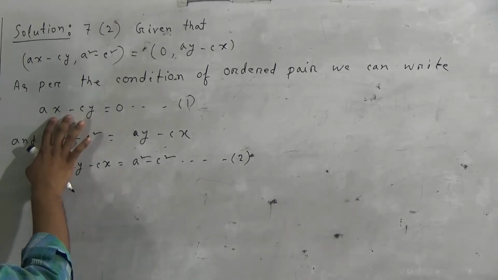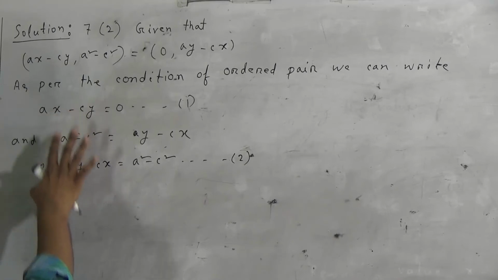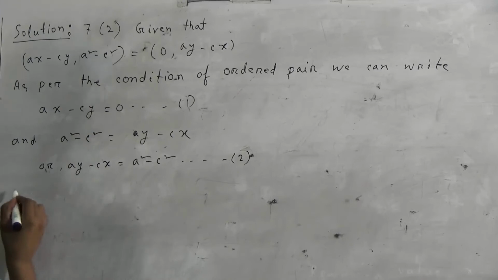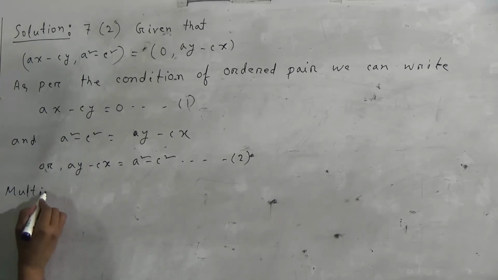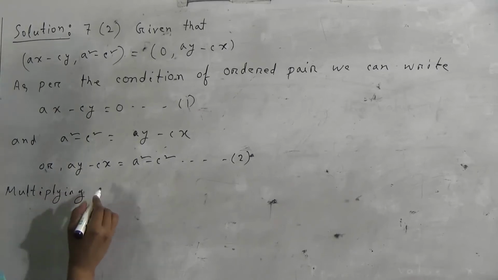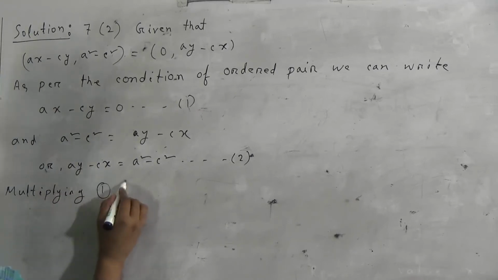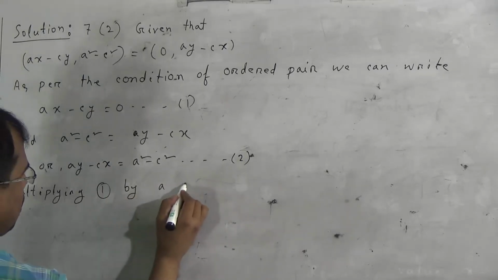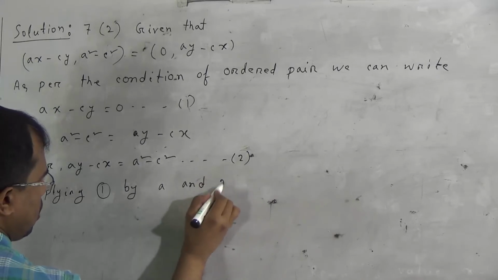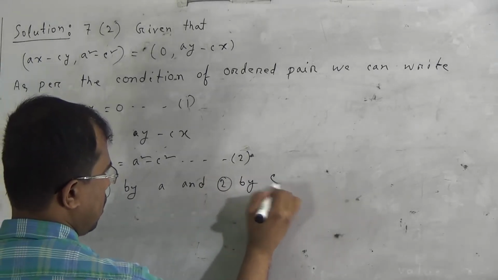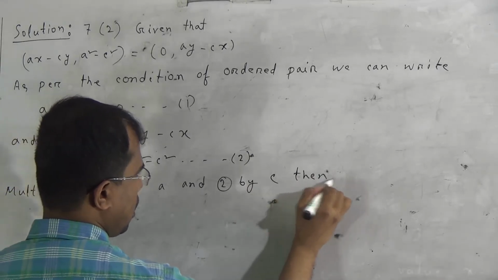Now multiplying equation 1 by a and equation 2 by c, then add.